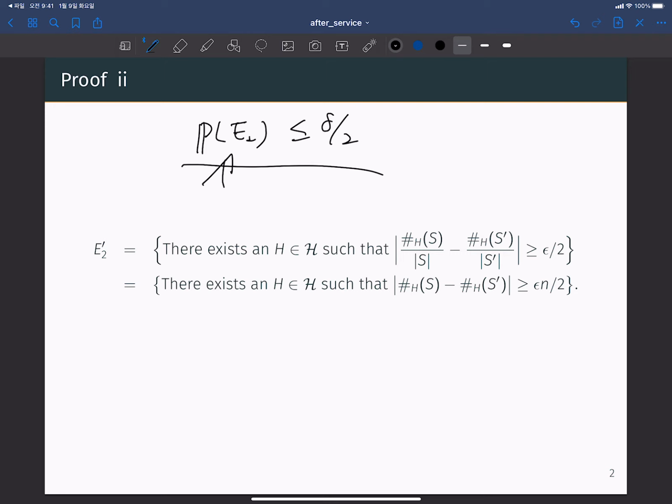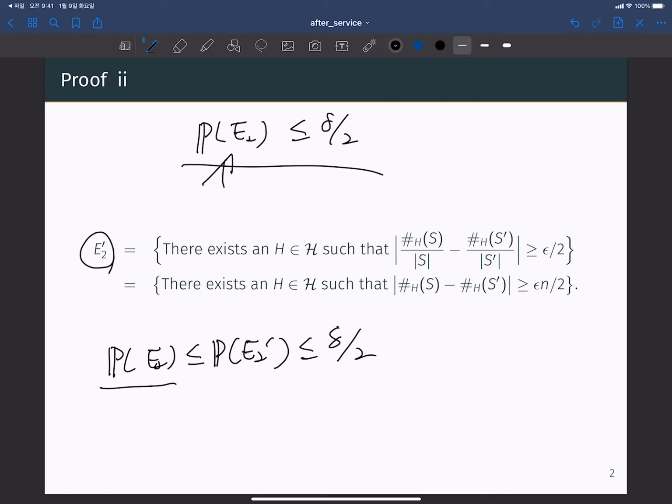So instead of analyzing the probability of E2, we consider the probability of E2 prime. Since we are looking for an upper bound of the probability of E2, it is enough to say the probability of E2 can be upper bounded by the probability of E2 prime, and this is upper bounded by delta over 2. Then we can conclude the probability of E2 is upper bounded by delta over 2.